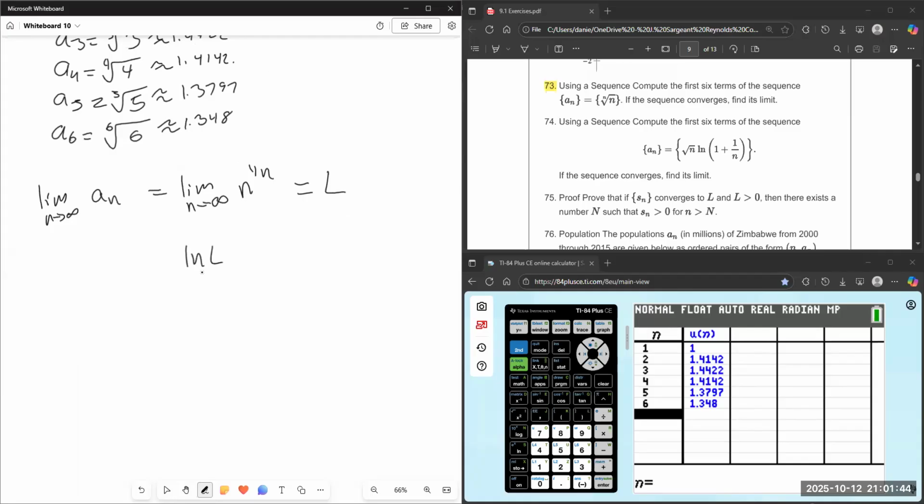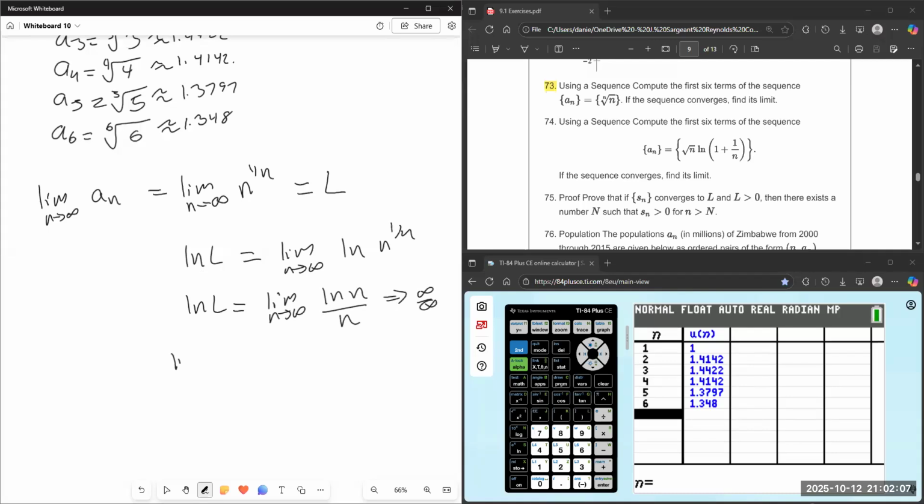So ln of L is equal to the limit as n goes to infinity of ln of n to the 1 over n. So ln of L is equal to the limit as n goes to infinity of ln of n over n, which is going to go towards infinity over infinity.